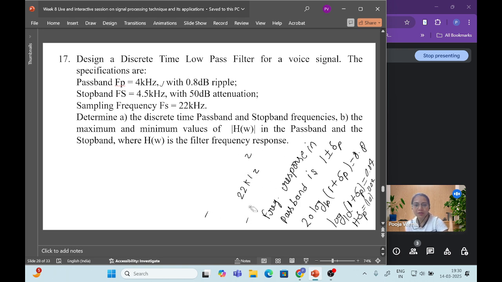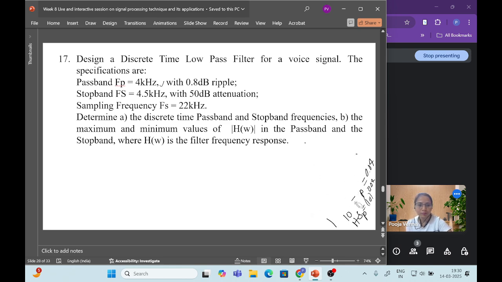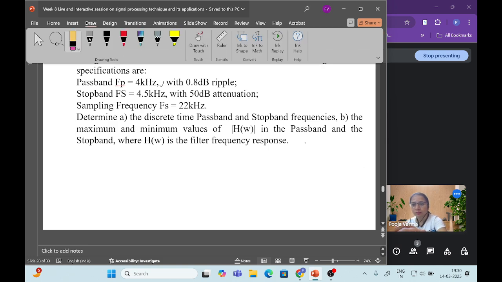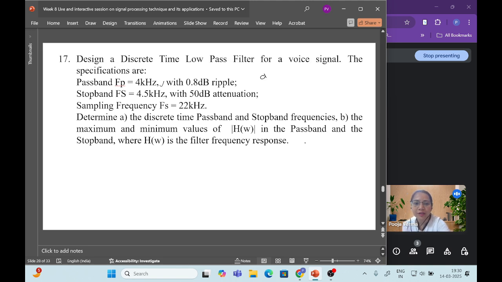Okay, I will write it. Okay, so here I'm just writing the solutions.